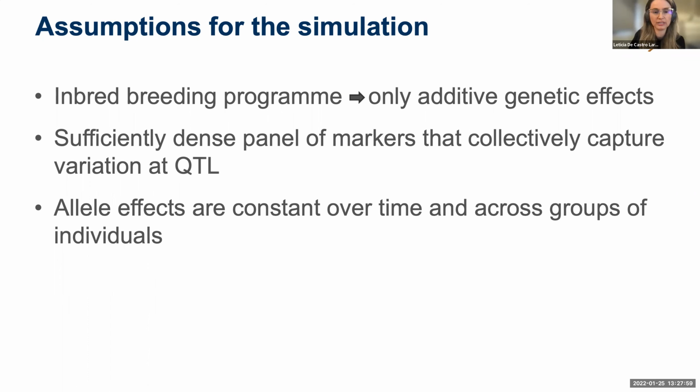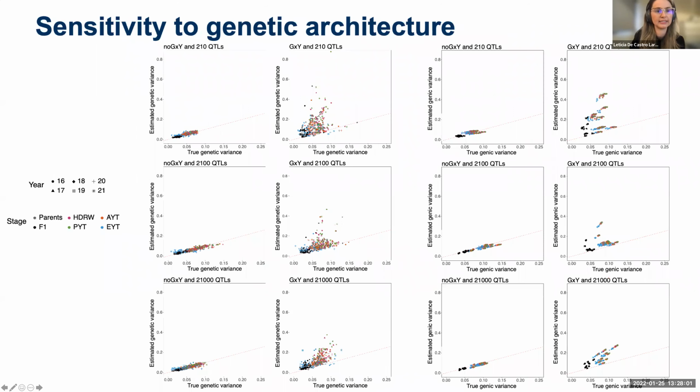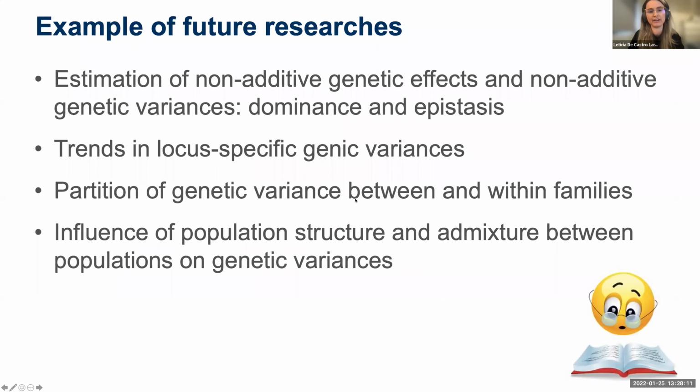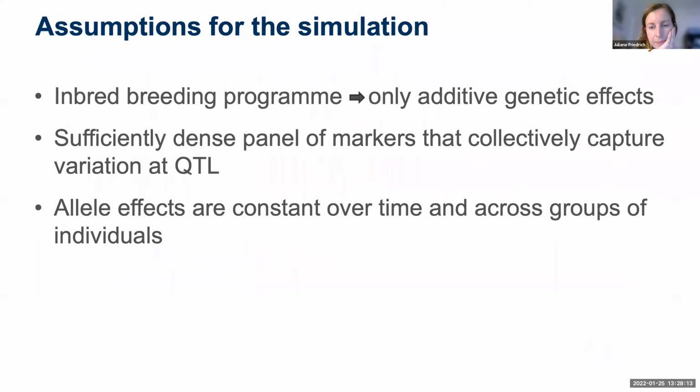The 2,100 is actually not the number of markers. This is the number of QTLs. For the number of markers, we had 10,500. We didn't change this number of markers, but the risk of not having a dense number of markers would be that some effects of the genetic variance would not be captured in the analysis.